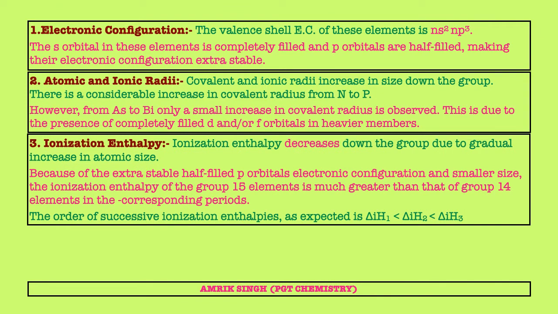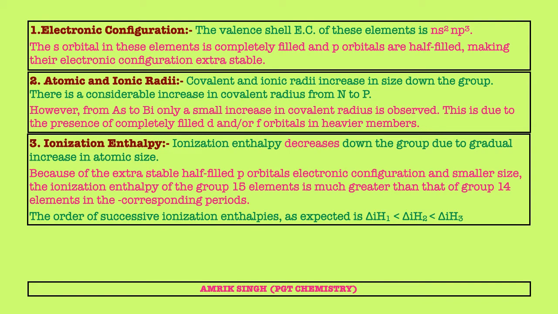Third one is ionization enthalpy. Ionization enthalpy decreases down the group due to gradual increase in atomic size. Because of the extra stable half-filled p orbitals, electronic configuration, and smaller size, the ionization enthalpy of group 15 elements is much higher than that of group 14 elements in the corresponding periods.